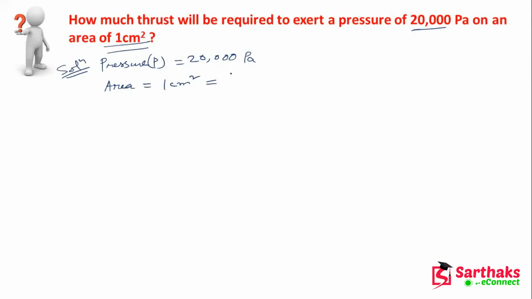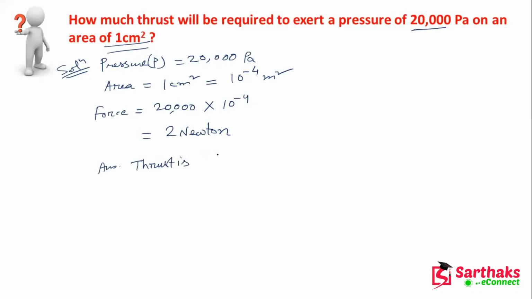Now 1 centimeter square means 10 to the power minus 4 meter square. So force is 20,000 Pascal into 10 to the power minus 4. So it will be 2 Newton. Fine. So you can write the answer, thrust is 2 Newton. Okay.